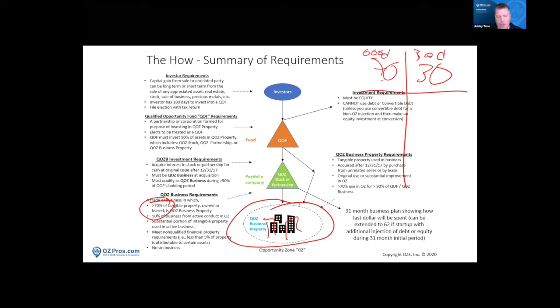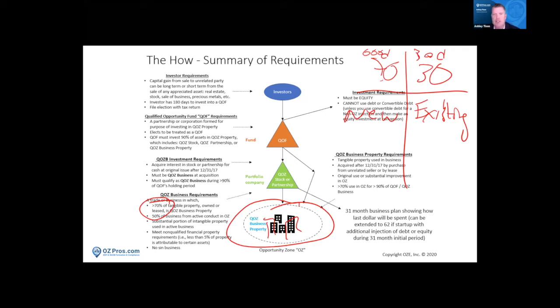Anything that's already in the zone, because you're not going to get new use of that since it's already been depreciated in the zone, is going to go into this bad category. So existing assets will go into your bad 30% category. Then you just have to get enough good assets in your 70%. That's either new property or stuff that was outside of the zone that you're moving into the zone. That's going to go into your good category. So that's literally opportunity zones on a page.